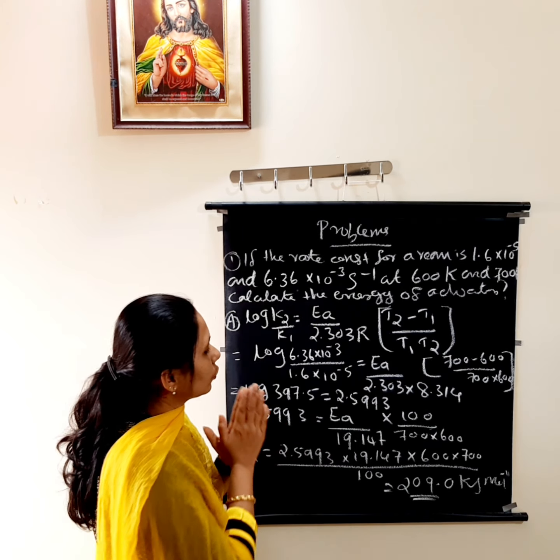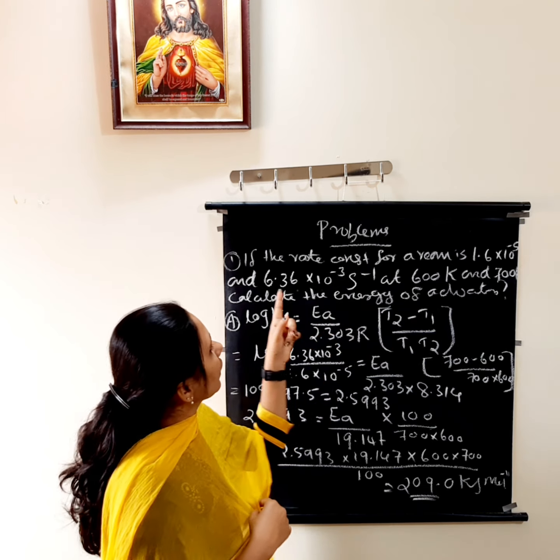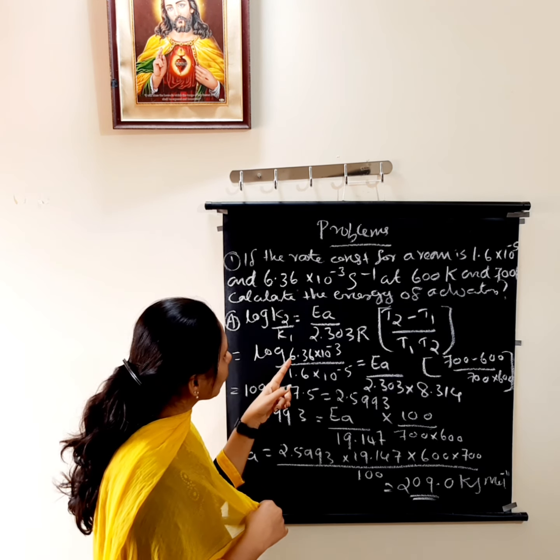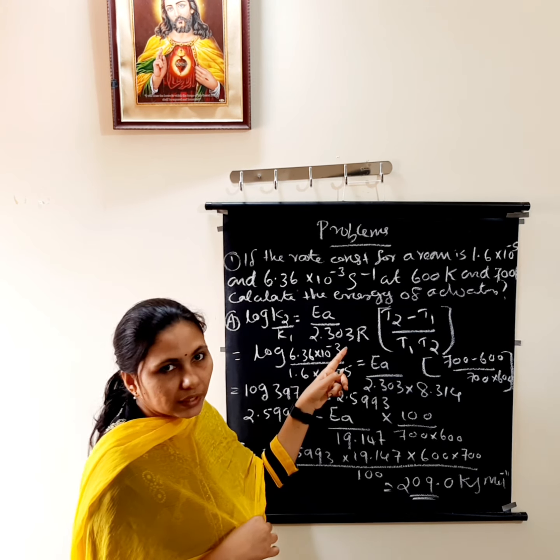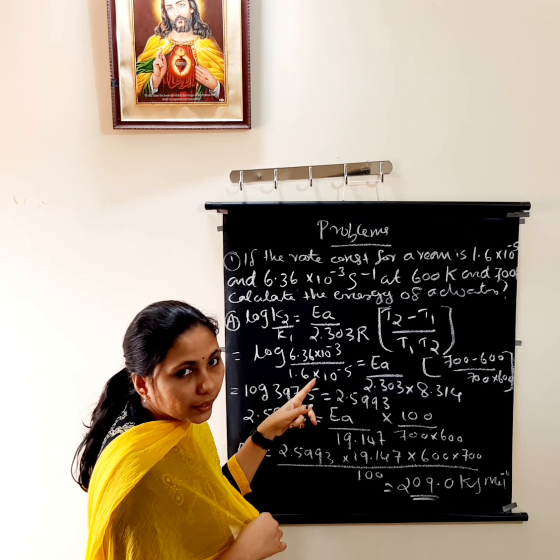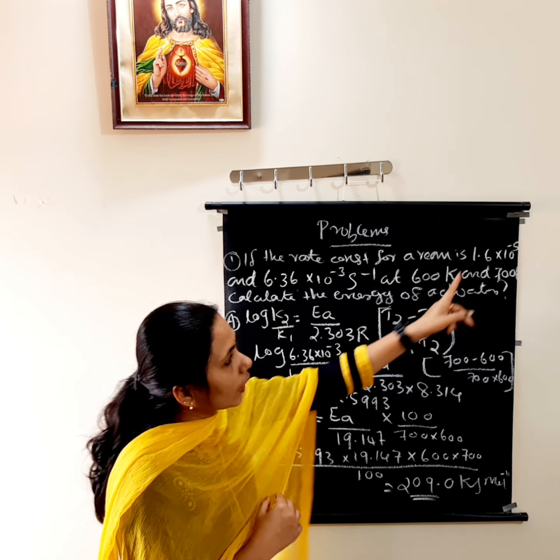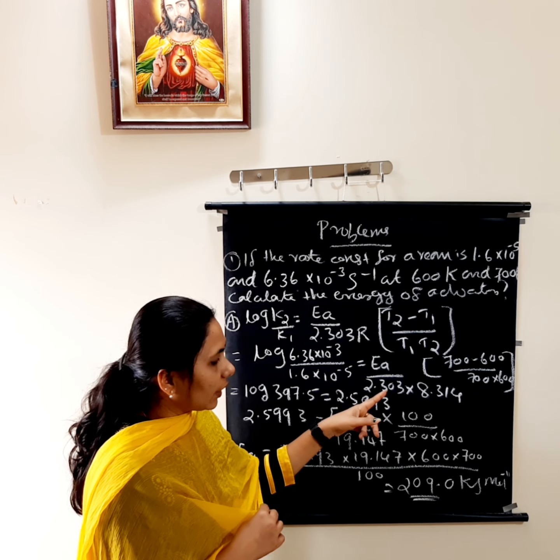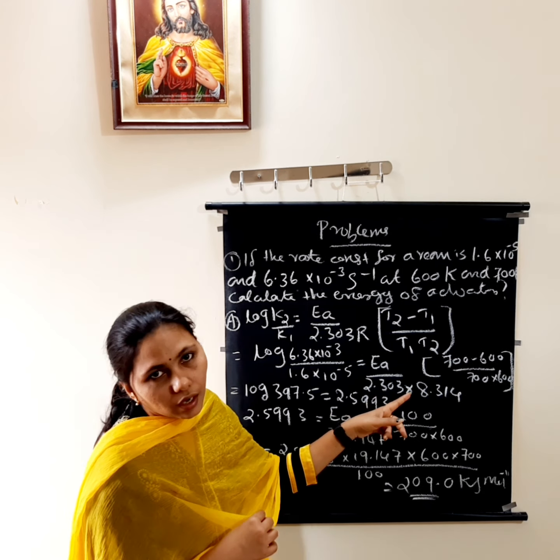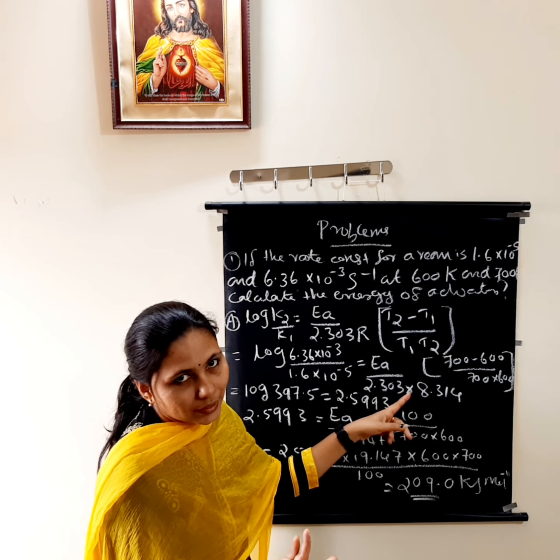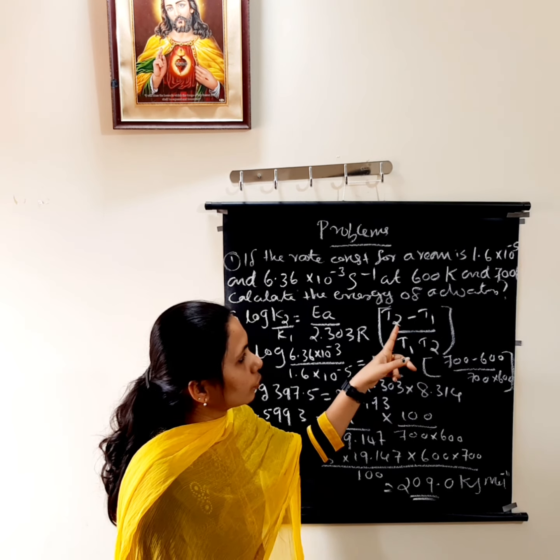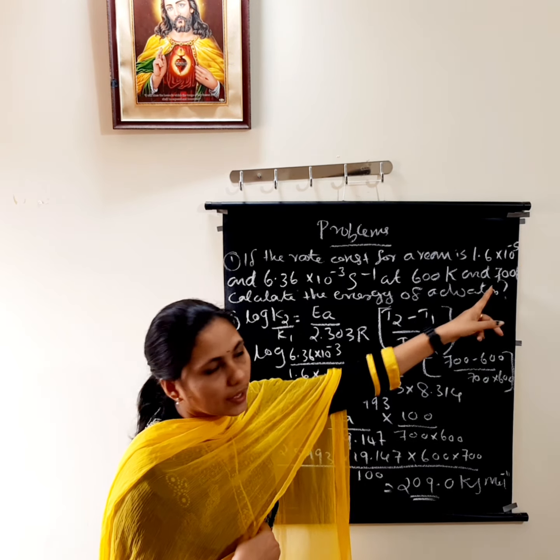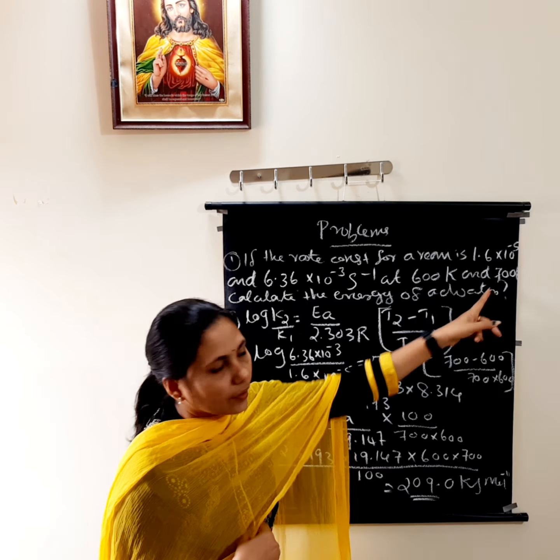So we will substitute K2, already given as 6.36 × 10^-3, divided by K1, which is 1.6 × 10^-5, equal to Ea divided by 2.303 × 8.314, which is a constant, into (700 − 600)/(700 × 600).